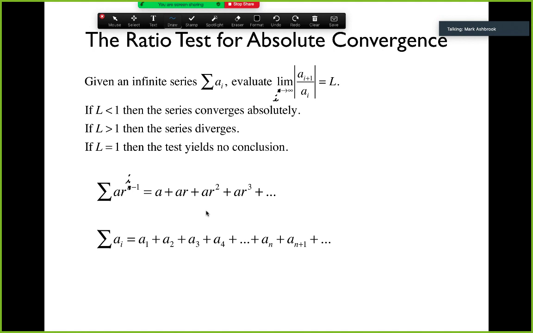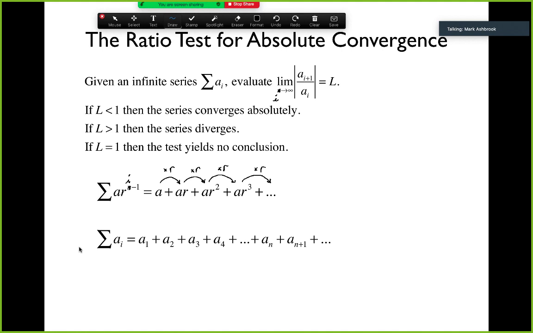That was our geometric series, right? And so what did we say? How do we always get the next term in a geometric sequence or geometric series? What does it take to get to the next term? Multiplying by another r. To get the next term, you just always keep multiplying by another r. That's why it's r to the i.